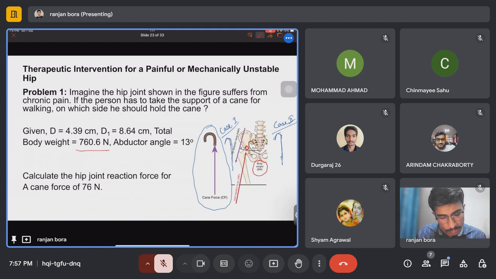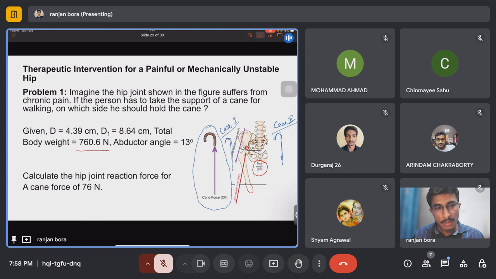But while we solve the problem, we will not consider the total body weight, because the person is standing on his right foot. This is the right stance phase, the right stance position of the person. So the weight of the right foot will not act while he is standing in this position.